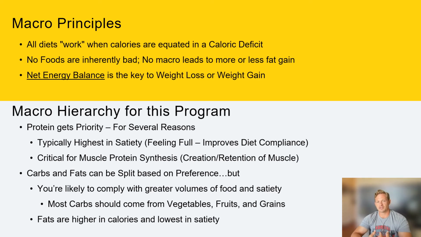So if you can prioritize carbs around your workouts and make sure that those carbohydrates are coming from whole sources of food, such as vegetables, fruits, and grains, then you're going to get nutrient-dense foods, whereas processed foods are highly palatable and not as filling. And in addition to that, since fats are higher in calories, they're also lower in satiety, so we don't want to fill up entirely on fat. Again, this is really going to be based on preference, but this is my recommendation to you.